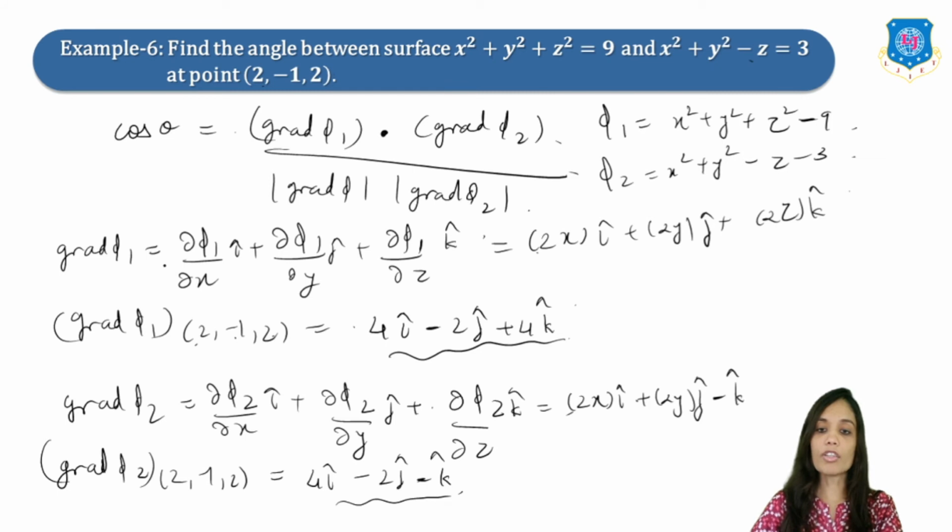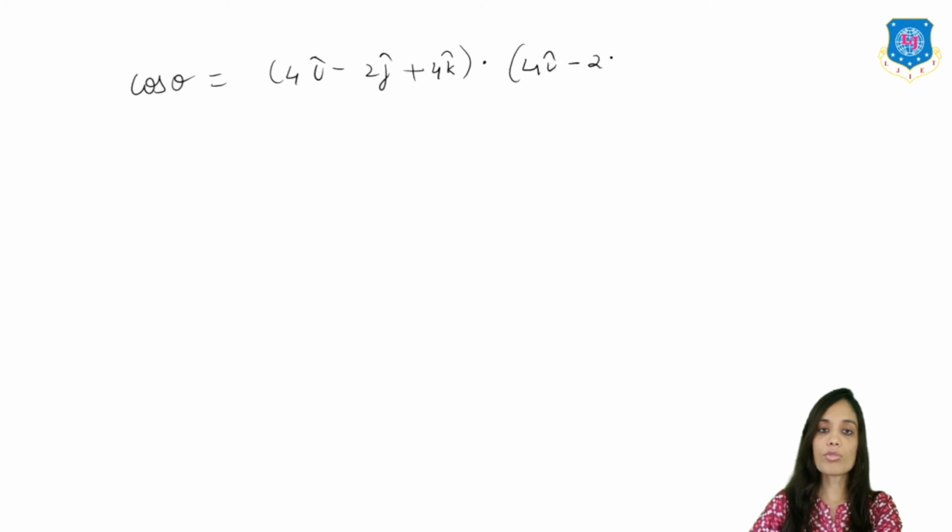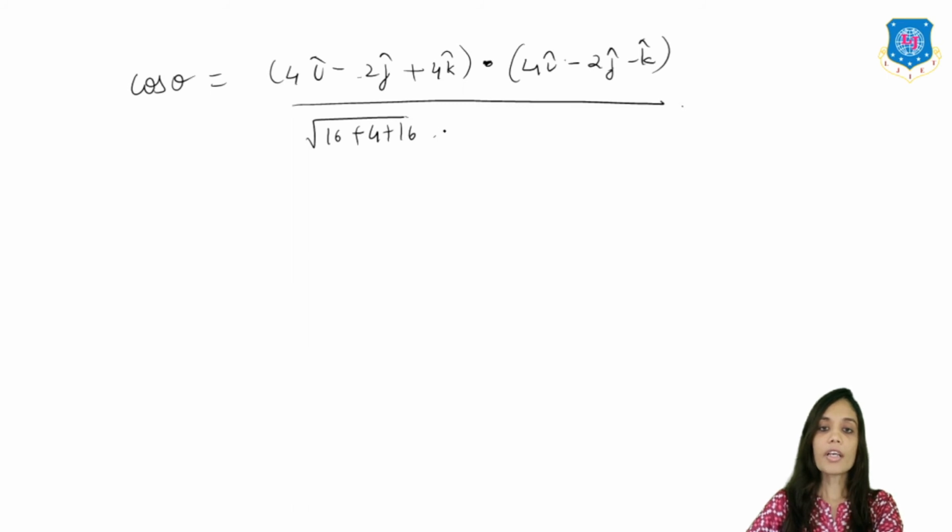Now let us find the value of cos theta. So cos theta is equals to 4 i cap minus 2 j cap plus 4 k cap dot 4 i cap minus 2 j cap minus k cap. This is dot product. Upon we have to write the magnitude of these both vectors. So here it will be square root of 16 plus 4 plus 16, into the magnitude of this will be square root of 16 plus 4 plus 1.